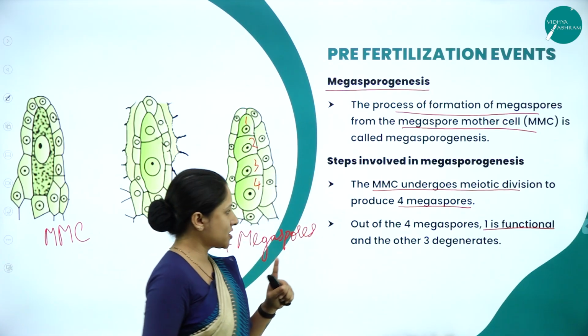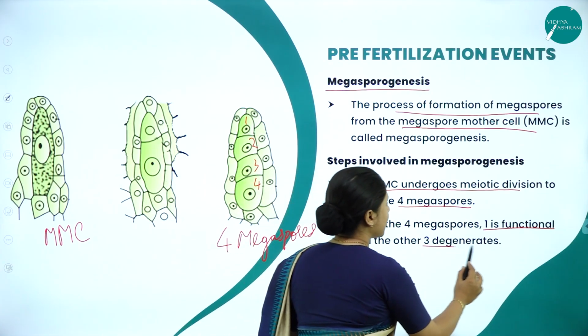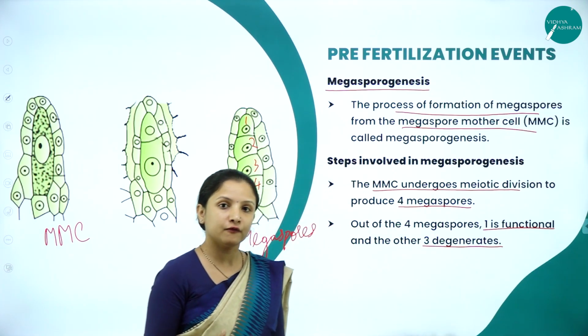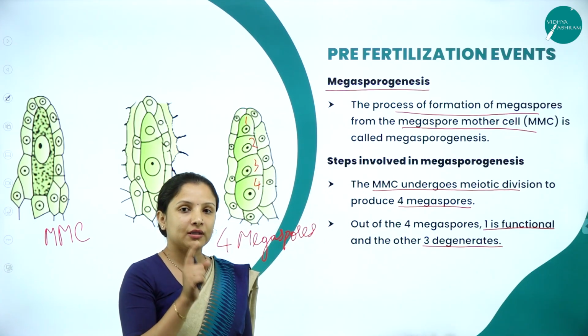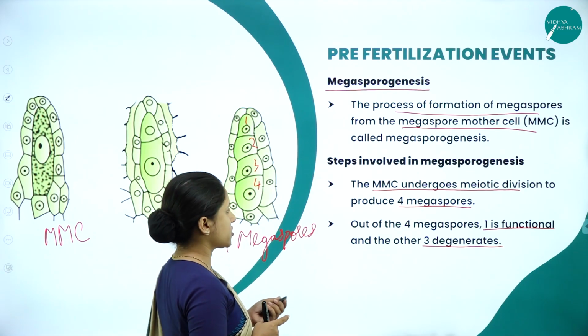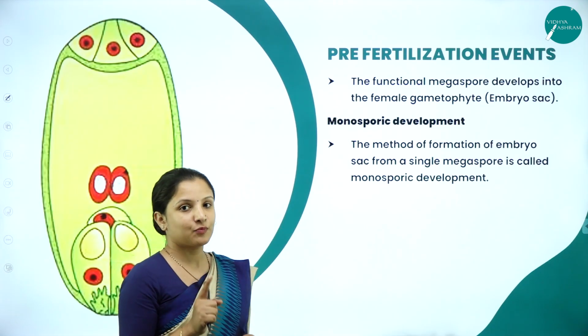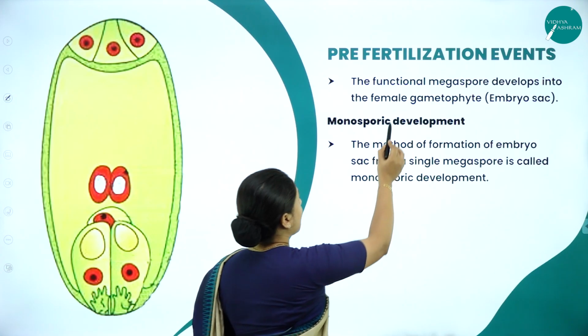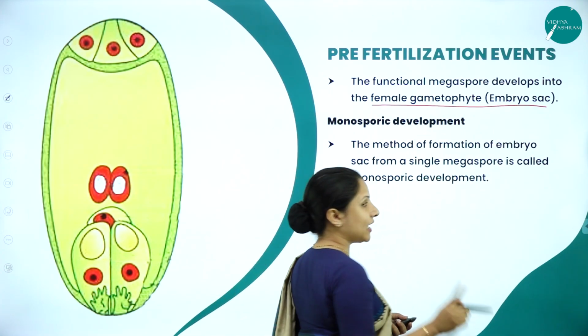Only one is functional and the other 3 will degenerate. They are of no use. So only one megaspore is functional, and that one will develop into the female gametophyte, the embryo sac.